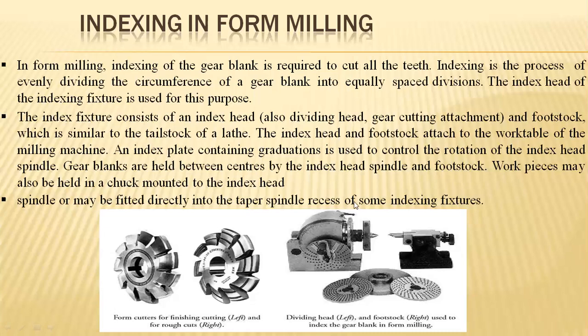This index head and the footstock attached to the work table of the milling machine, and index plate, which is containing graduations, is used to control the rotation of this index head spindle, and these gear blanks are held between the centers, nominally as represented in the diagrams.